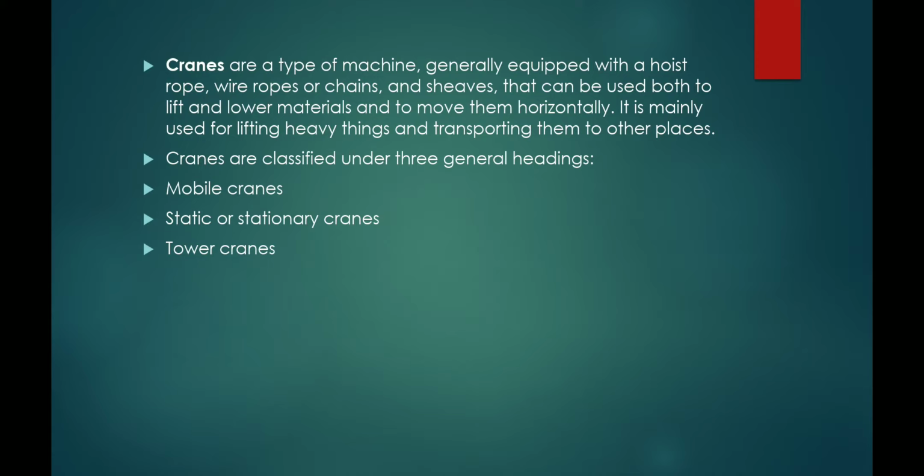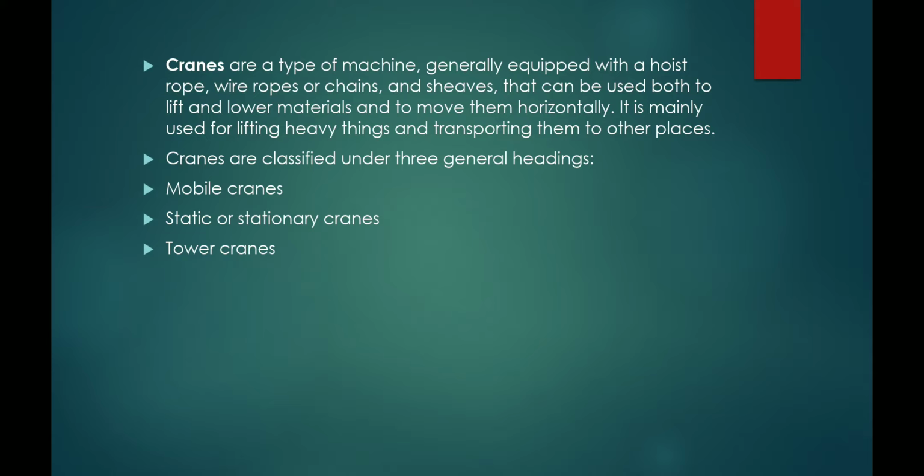Cranes. Cranes are a type of machine generally equipped with a hoist rope, wire ropes, or chains and sheaves that can be used both to lift and lower materials and to move them horizontally. It is mainly used for lifting heavy things and transporting them to other places. Cranes are classified under three general headings: mobile cranes, static or stationary cranes, and tower cranes.